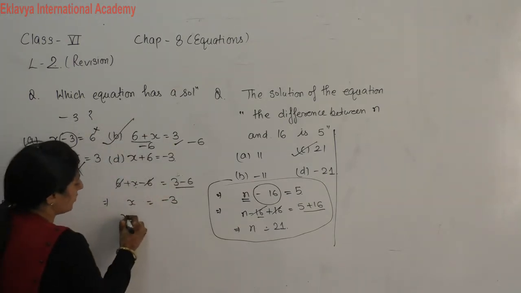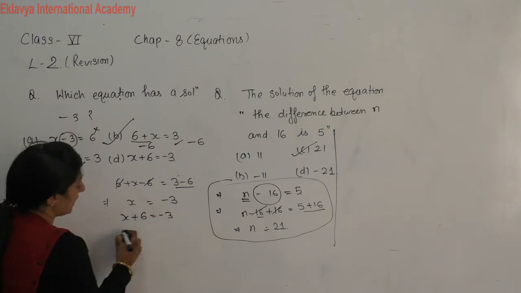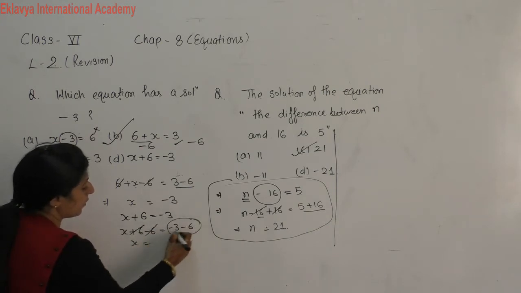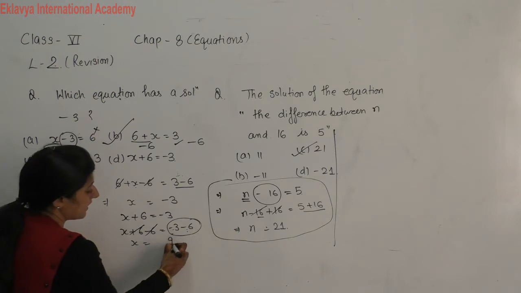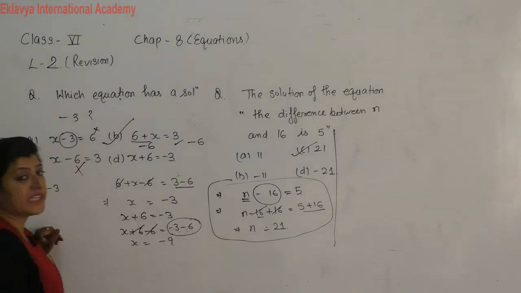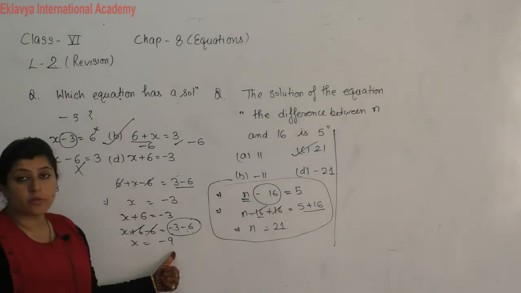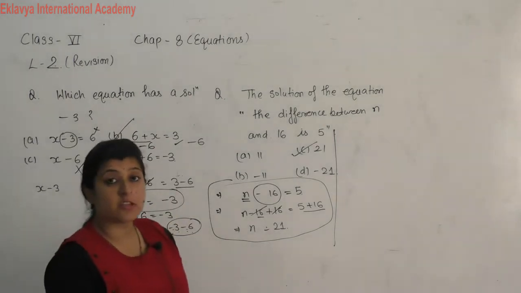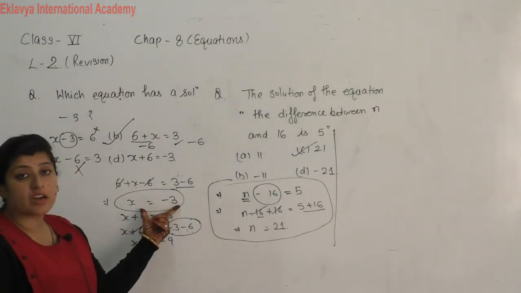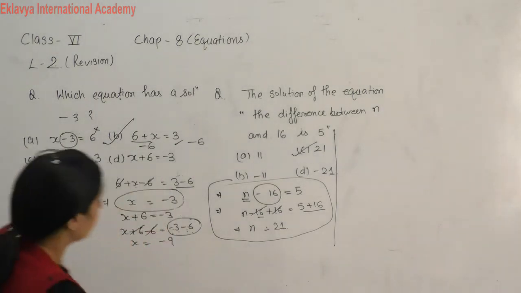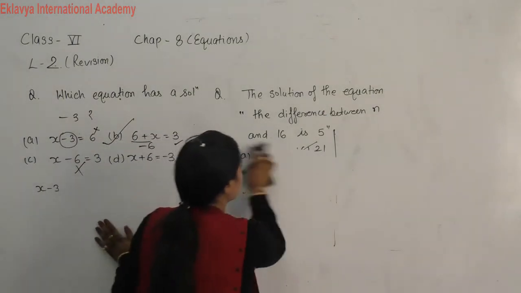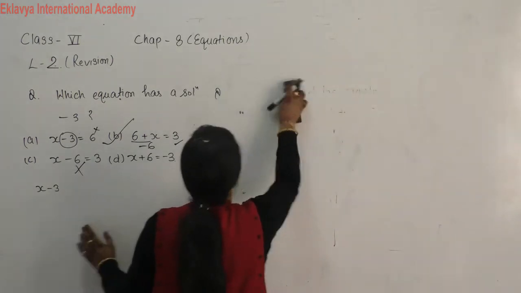If we solve option D also, we subtract 6 on both sides, cancel out, and x is equal to minus 3 minus 6, which is minus 9. We need the solution x is equal to minus 3, so B is our answer. Now, you can do your complete exercise.